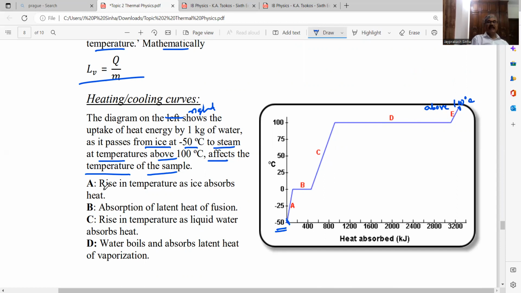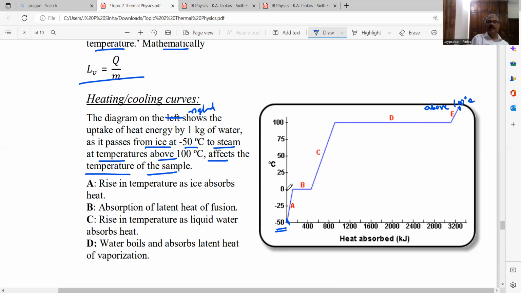See here, A is the rise in temperature as ice absorbs heat. This is the A part, this is B, this is C, this is D, and this is E. In the A part, the temperature of the ice is increasing. The ice cannot melt below 0 degrees Celsius.